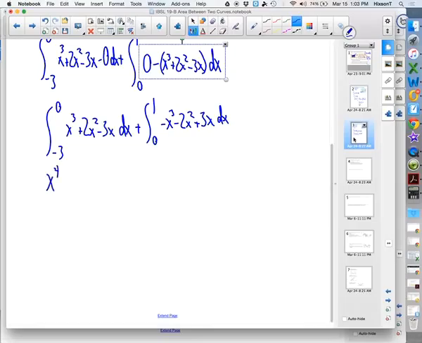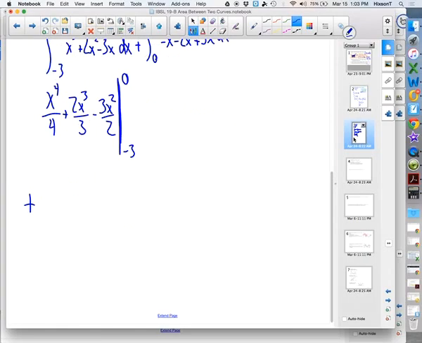So, x to the 4th over 4 plus 2x cubed over 3 minus 3x squared over 2. That whole thing is evaluated from -3 up to 0. But then I need to add to it. I'm going to do it on a separate line so I don't get confused here.